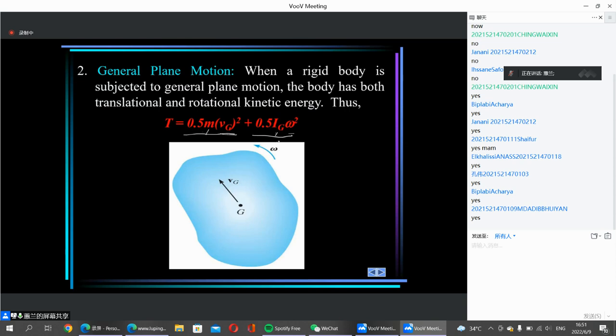If you can do this, it will be much easier to memorize the formulas in kinetics, because in kinetics we have a lot of formulas we need to memorize and understand, right? This is for general plane motion, and we all know that pure translation and pure rotation are specific cases of general plane motion.